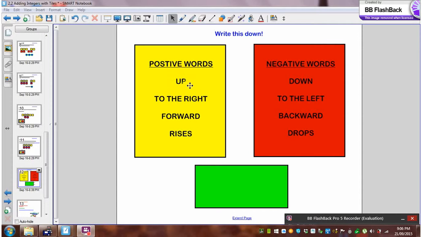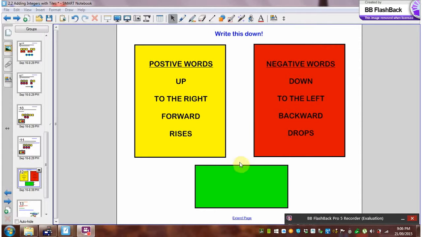That would be positive 10. Or the temperature will rise 10 degrees Celsius. So rising is positive. Negative words are down, to the left, backward, or drops. So say I walked backward 5 steps. That would be negative 5 steps.